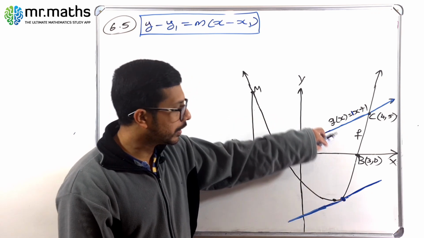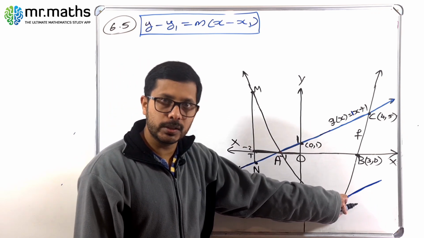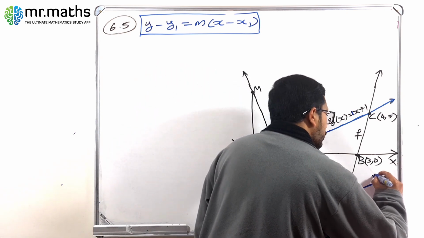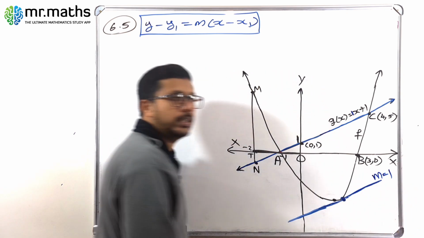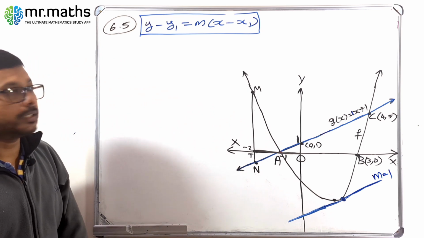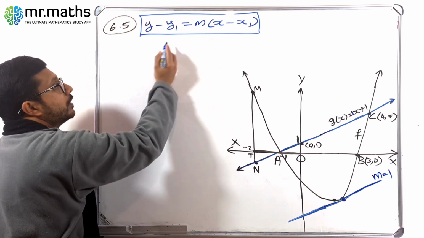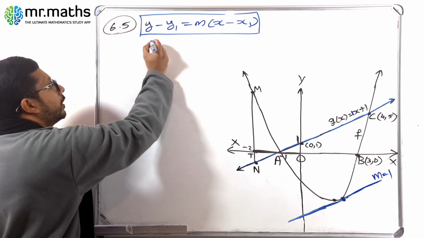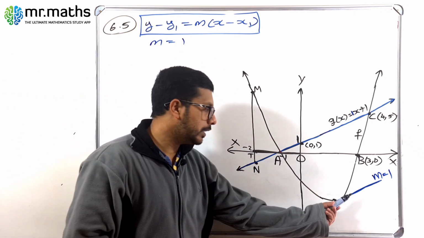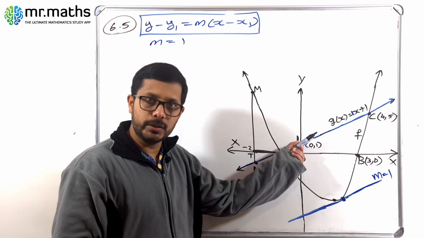Because this g of x is parallel to this tangent. So the gradient of our tangent is also 1. Okay, so the value of this m is 1, or m is equal to 1, because it is given that this tangent is parallel to g of x.